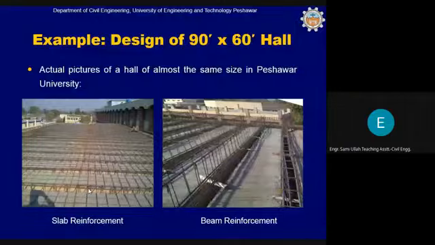In this situation, in the picture, the left one, does this situation affect the calculation of the moment? Like you've told us how to calculate the moment when there is integral connection between column and the beam.